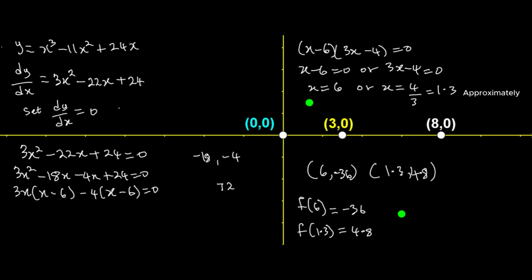The one above, which has the greatest value of y, the one that has the value of y as 4.8, is going to be the maximum. And then the one that has minus 36 as the value of y is going to be the minimum. So we have the minimum and the maximum. So we've been able to obtain the turning points.